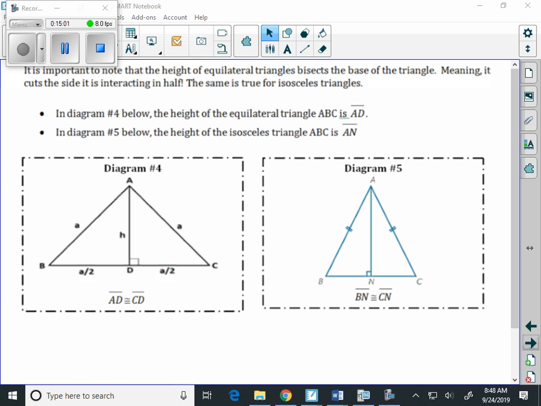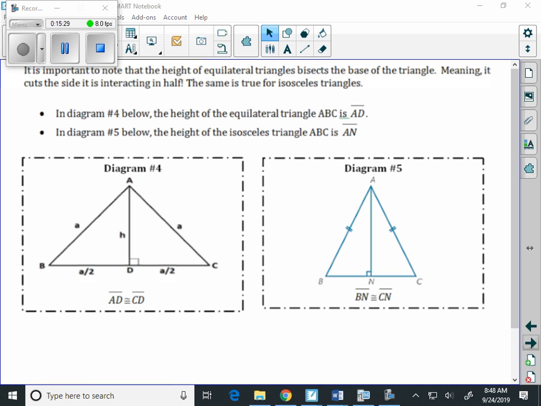So as we flip over to the next page here, it's important to note that the height of the equilateral triangles bisects. So here comes that vocabulary again. Bisects the base of the triangle, meaning it cuts the side that it's intersecting in half.